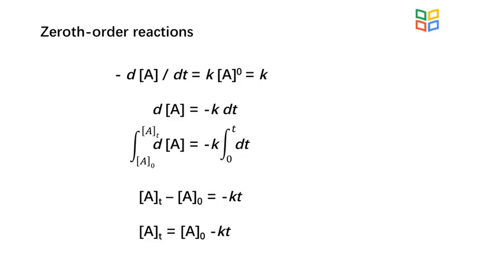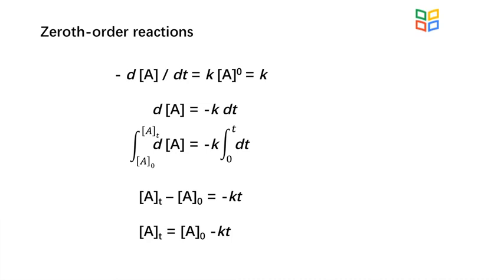Consider zeroth order reactions. The power in the power law of rate is zero. Then the expression of rate law goes to minus dA over dt equals k, because A to the zeroth is 1.